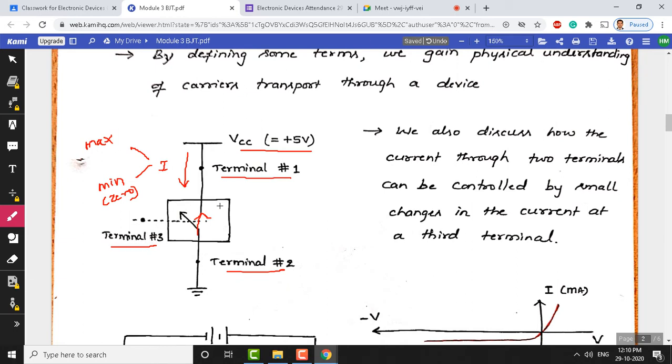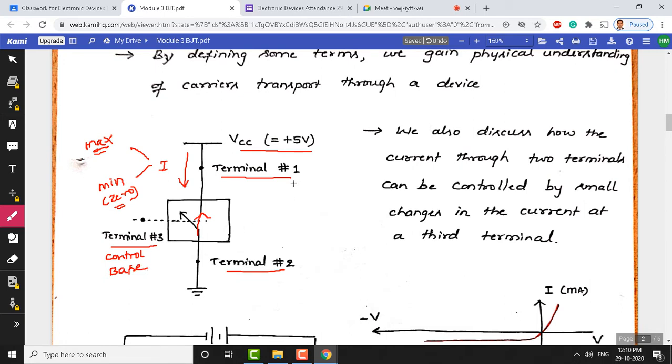So, that means the current flow from the source to the ground can be controlled. You can make this current a maximum value, and you can make it a minimum value, by just having this 3rd terminal, called the control terminal. In this diagram, the 3rd terminal acts like a control. If you compare it with the bipolar junction transistor, this is nothing but our base.